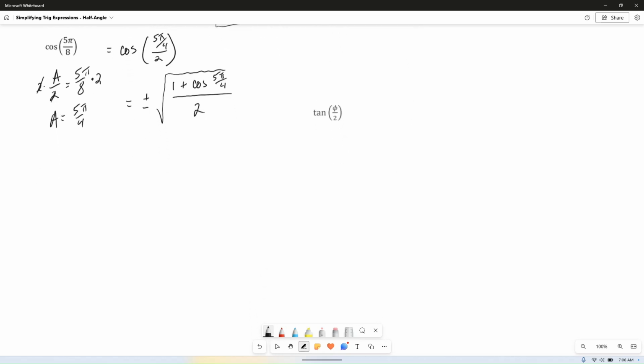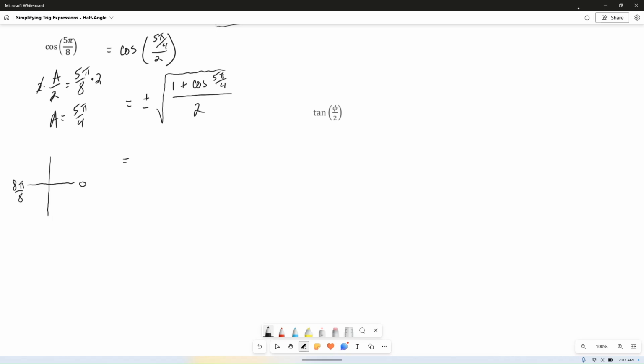We'll continue simplifying this just like we did before. So we're going to have to figure out whether the sign is positive or negative. So if we look at where 5 pi over 8 is located, we know the positive x-axis is 0, the negative x-axis would be pi, which if we wrote that with a common denominator, would be 8 pi over 8.